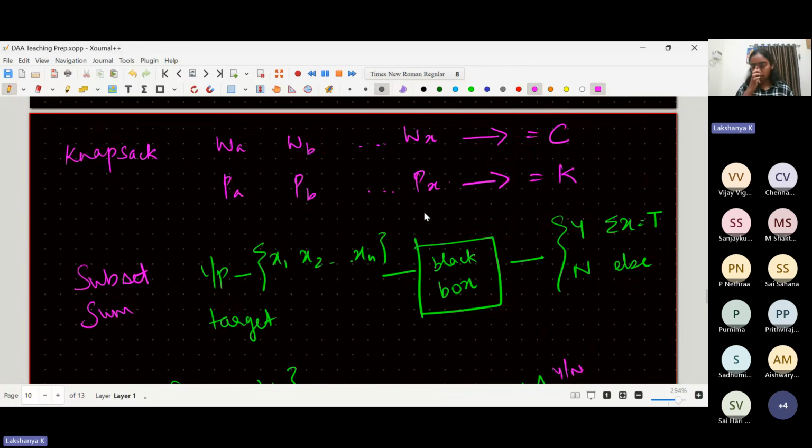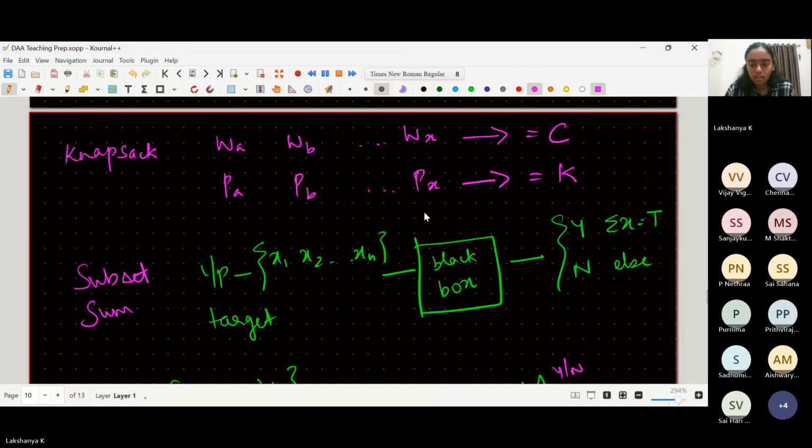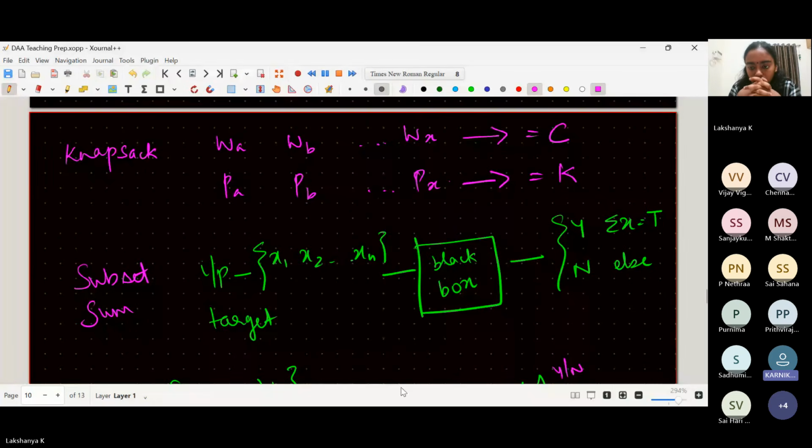Make sense? Akka, in the 0-1 knapsack problem, it is not necessary that we reach the capacity, right? We are within the capacity as the constraint, but in this case, we are considering that it should be equal to that capacity. Yeah, it depends on how you frame the decision version. I have framed it as total weight equal to capacity just because I wanted to take a simple case.